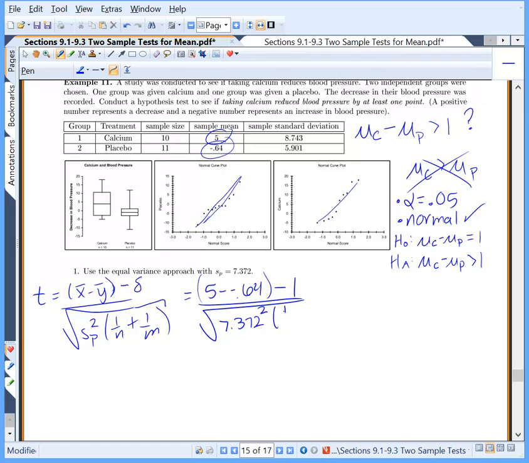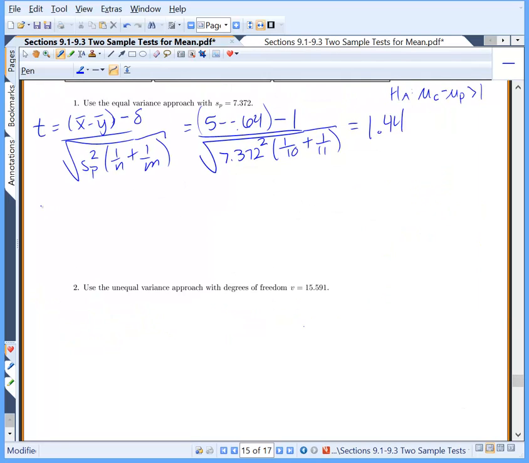Square that times 1 over n, which is 10, plus 1 over 11. Which gives me 1.44. Again here, I gave you the pooled variance just to save you a little time with your calculations. Okay, so we have our t-test statistic.